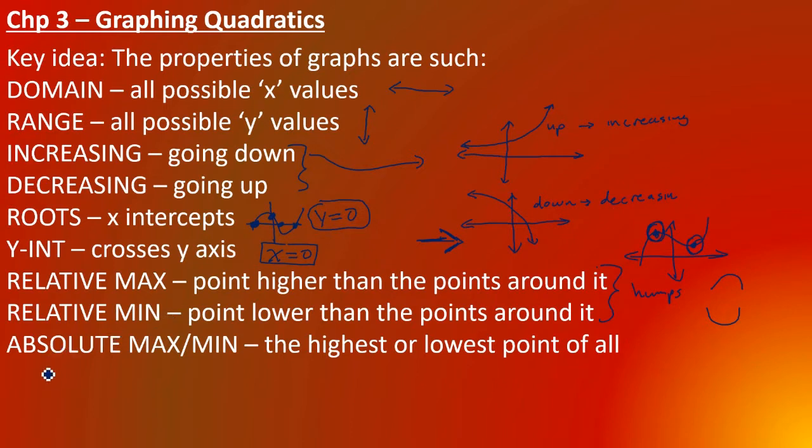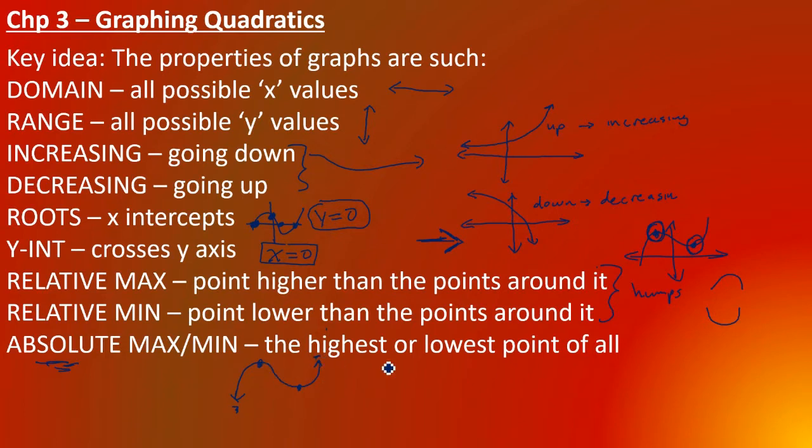Now, do not get confused. When we're talking about an absolute max or min, we mean it's probably relative, but also it's the absolute highest on the graph. So in this picture of my graph, these are only relative max and mins because this graph goes lower and this graph goes higher than these 2 points.